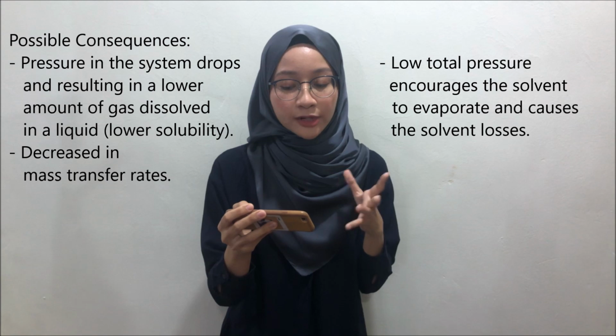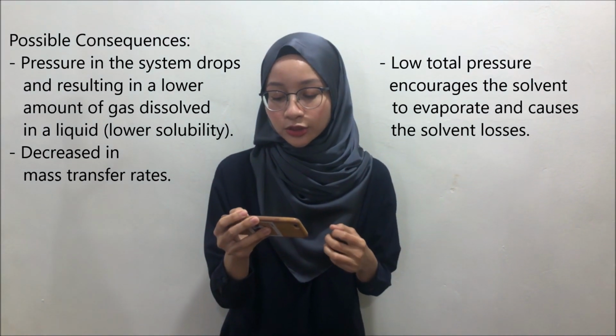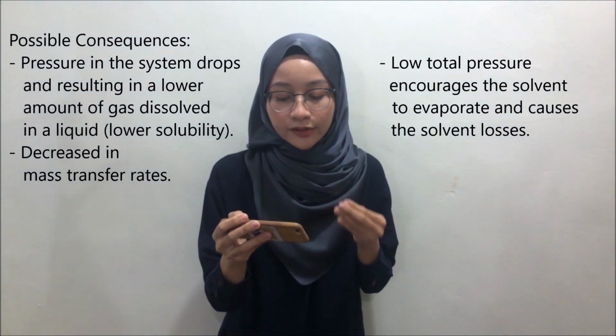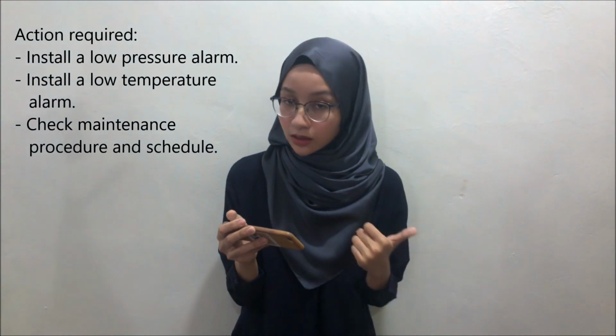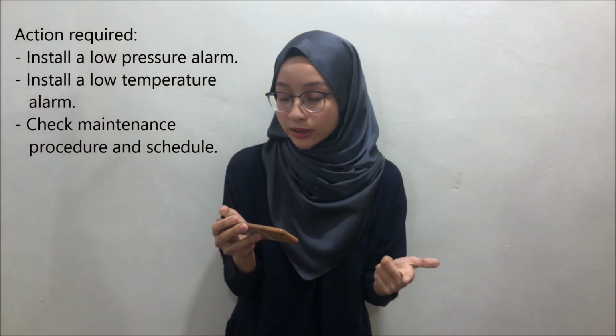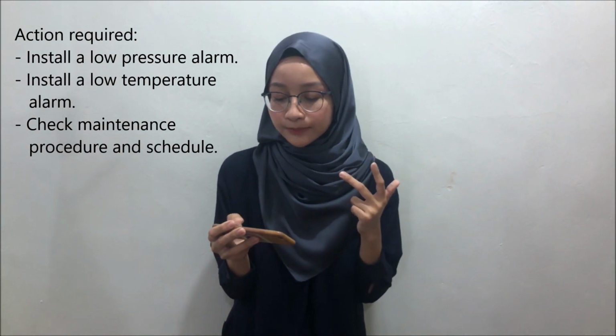The low total pressure will also lead to a decrease of mass transfer area, and it encourages the solvent to evaporate, causing solvent loss. What we need to do in order to prevent this is install a low pressure alarm, install a low temperature alarm, and check the maintenance procedure and schedule regularly.